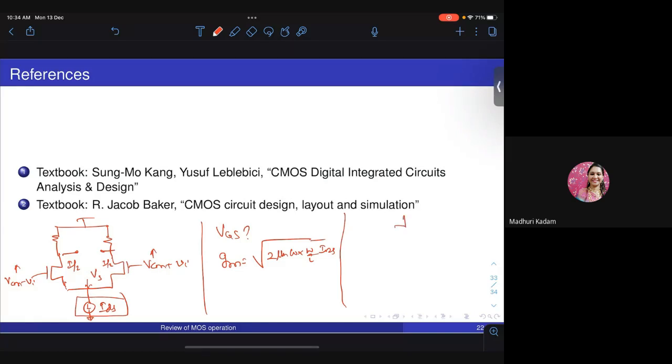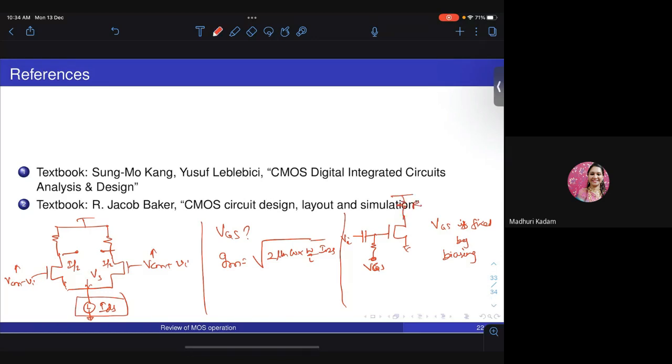For example, in a common source amplifier, you will have the bias voltage and the input signal is AC coupled. In this case, the gate to source voltage is fixed by the biasing circuit, so VGS is fixed. But I don't know what ID is.